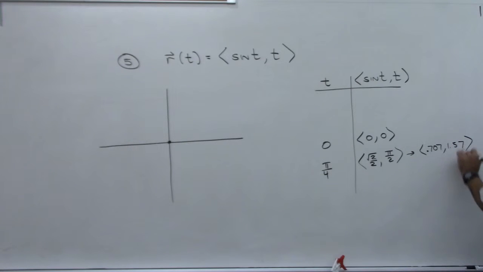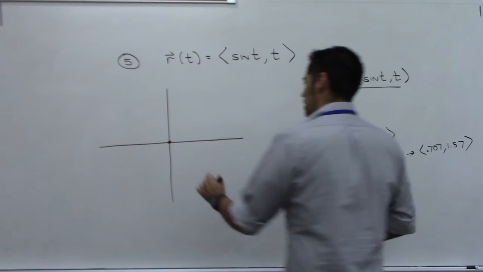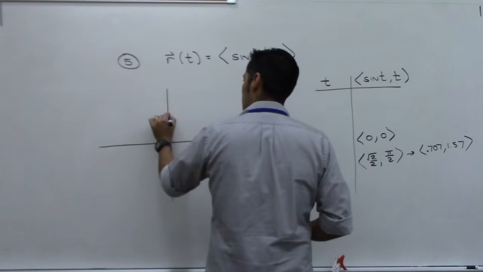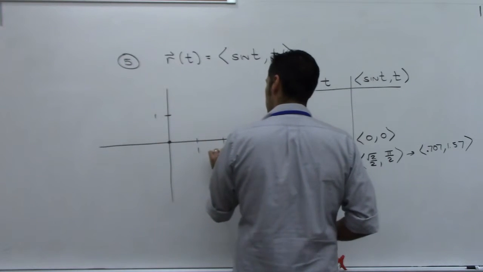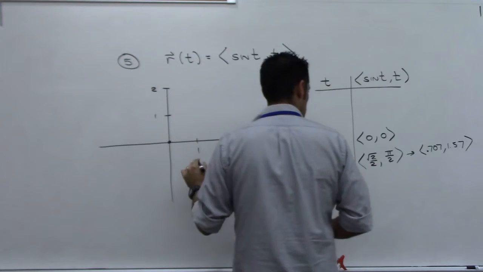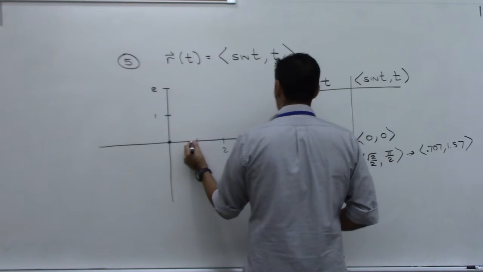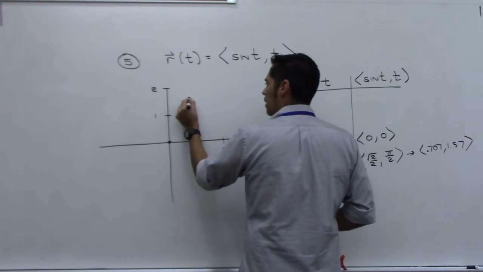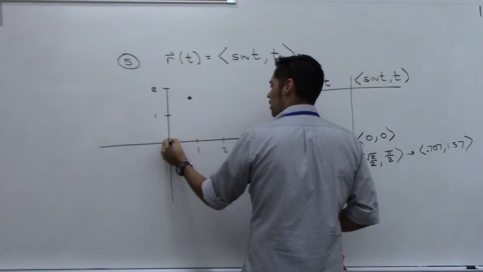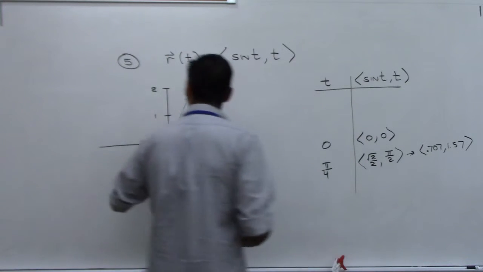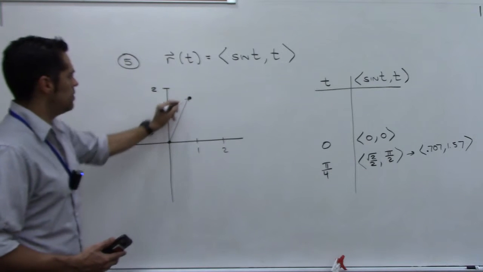I'm probably going close to off the screen there. So let's say that this is 1, this is 1, this is 2, this is 2. Then I'm at 0.707, then up 1.57, so somewhere around here. So a vector that goes from here to here. So I've gone from the origin vector up to that vector.